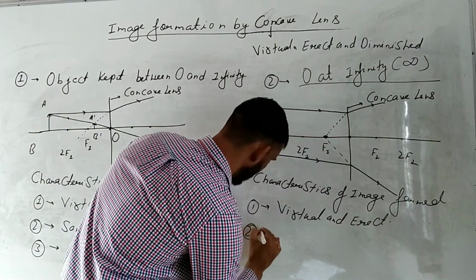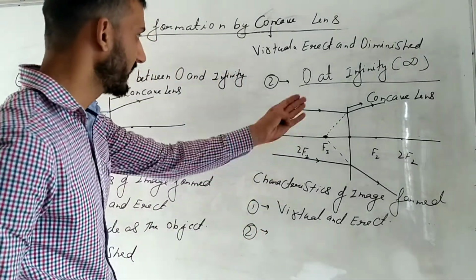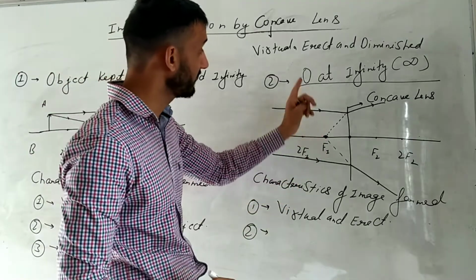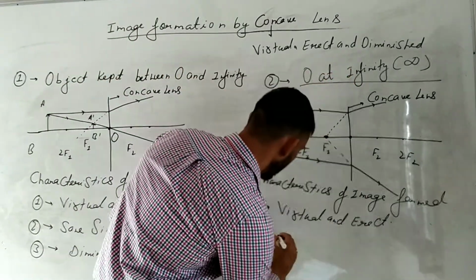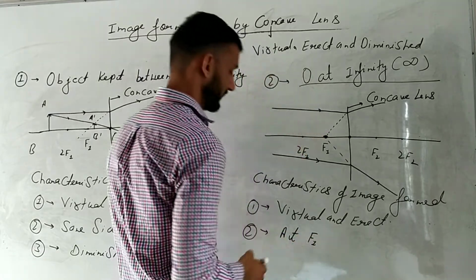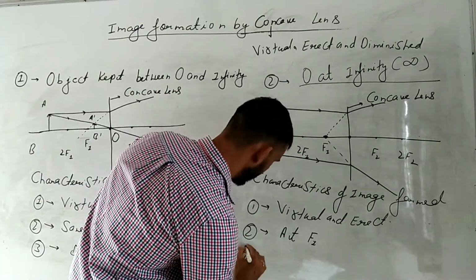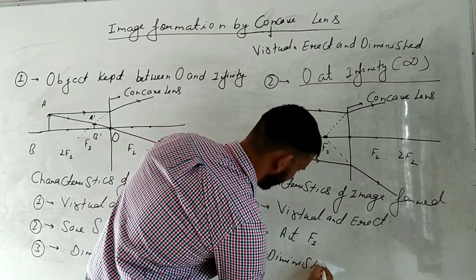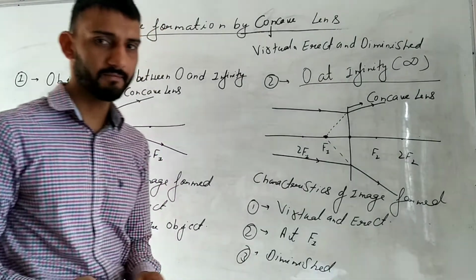Number two, you know it is going to be where the image is formed. You know that location of the image when object is at infinity, image formed is at f1, that is focus. And number three, it is going to be a diminished image. Okay, so these are the two cases for concave.